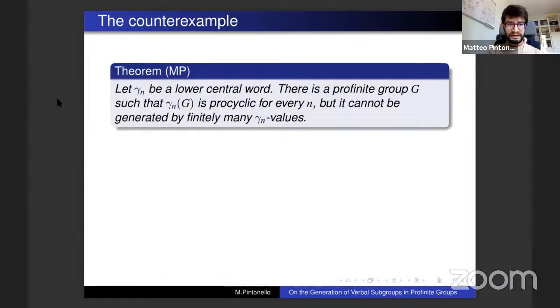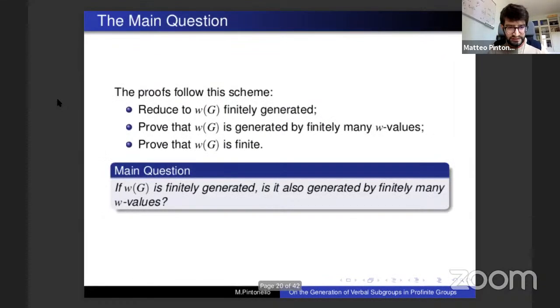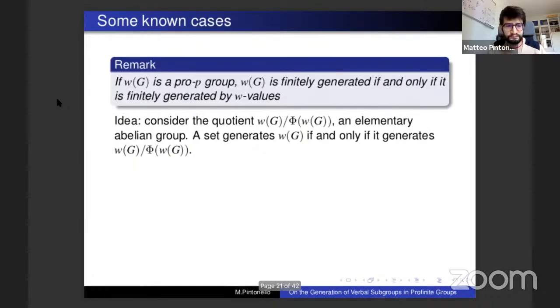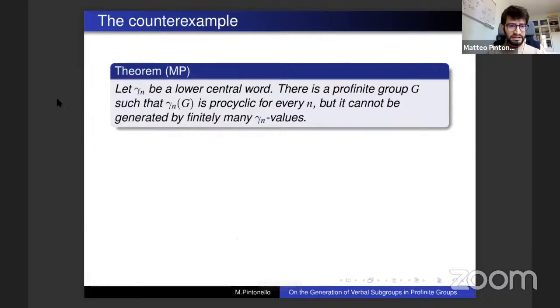Now we actually have a negative answer to the main question, which I remark again: is it true that if a verbal subgroup is finitely generated, then it can be generated by finitely many word values? The answer is actually no. Indeed, let gamma_n be any lower central word. There exists a profinite group G such that gamma_n(G) is procyclic for every n.